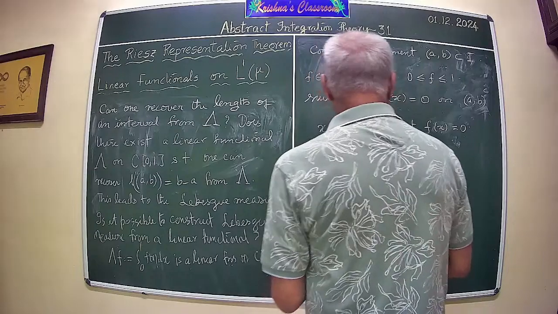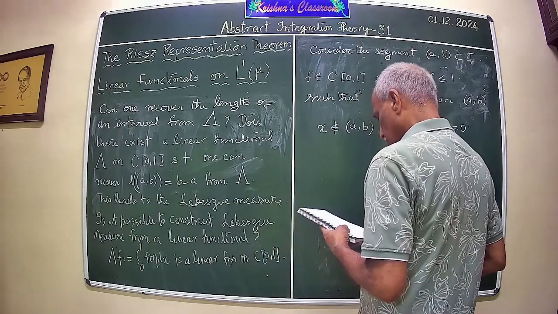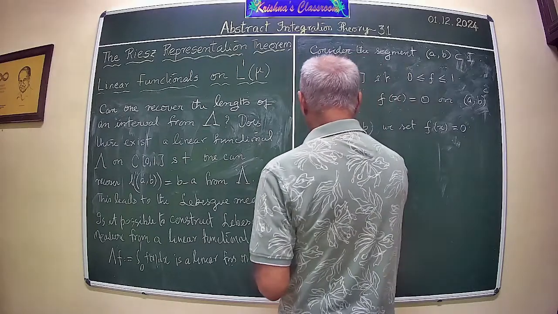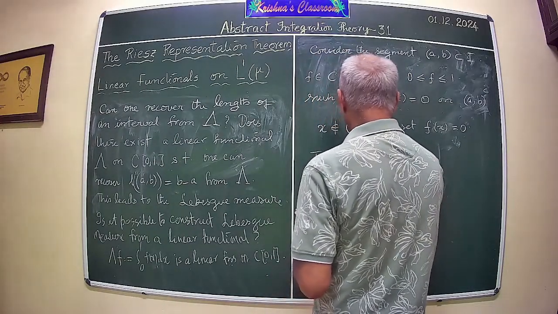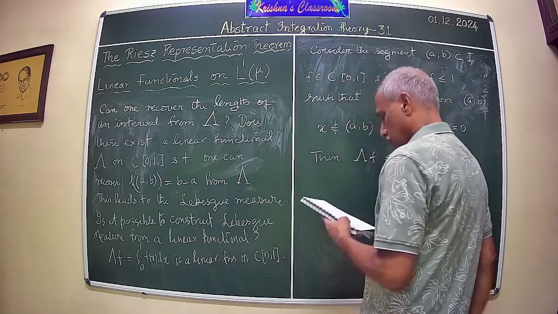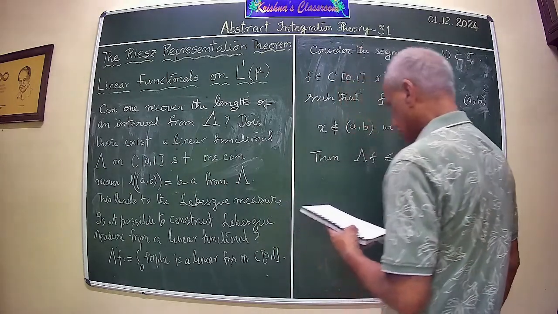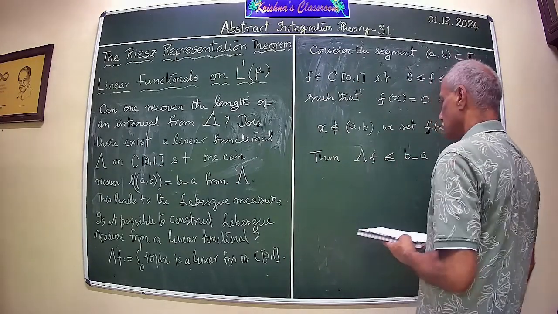Now what one does is the following. Then we have lambda f is less than or equal to b minus a. That is clear. For such f, this is so.